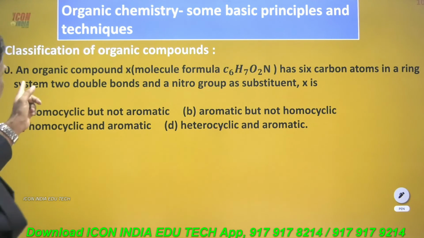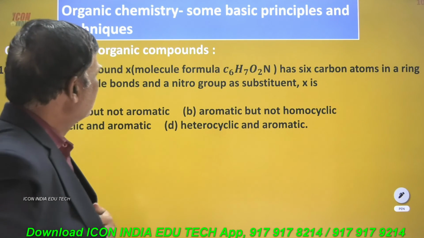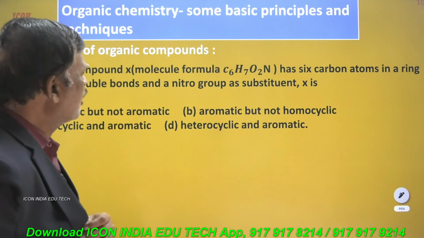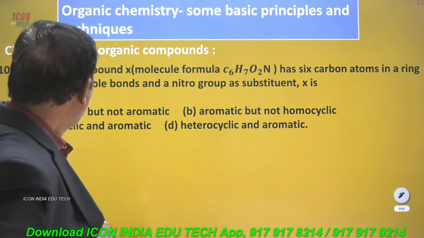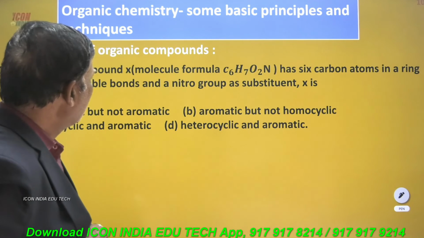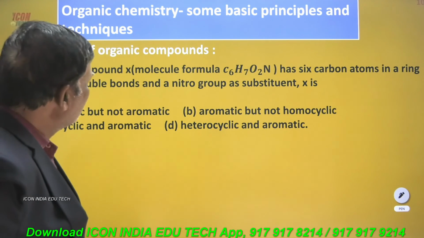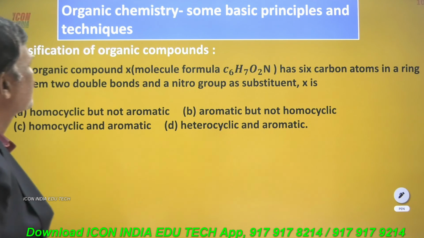See this first one: an organic compound X having the molecular formula C6H7O2N has 6 carbon atoms in a ring and 2 double bonds and a nitro group as substituent. Ring, 2 double bonds and a substituent. X is.